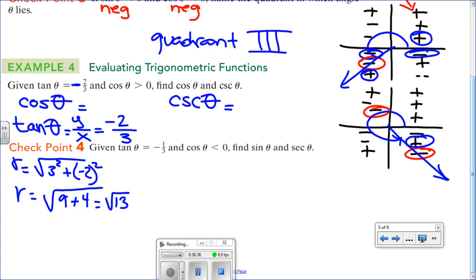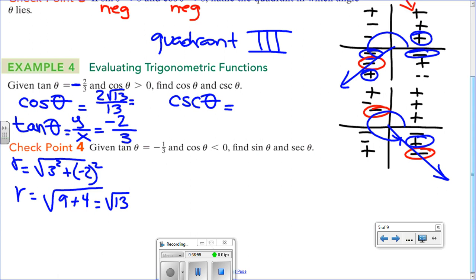Okay. So then for cosine, cosine of theta, what is it? 2 square root of 13 over 13? I think so. Let me see. I cannot rationalize in my head, I have to do it the long way. So that would be x.